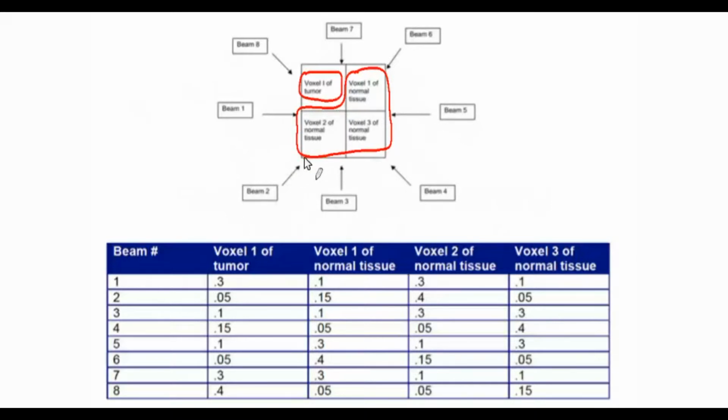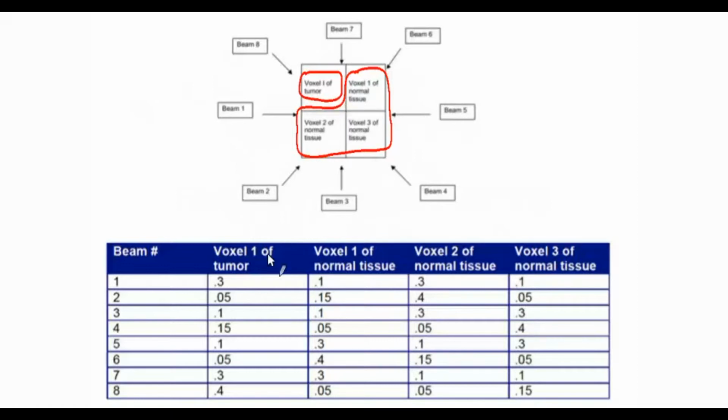Now the diagonals are a little bit more complicated. Take beam 2. For beam 2, the first voxel, the closest one, voxel 2 of the normal tissue, will absorb 0.4 or 40% of the weight of beam 2. And then on either side here, basically this beam is going to cut through just the corners of tumor voxel 1 and normal voxel 3.